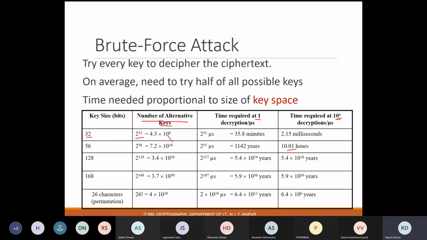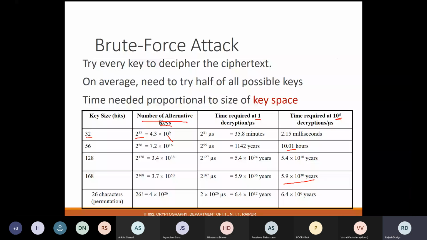With the increasing key size, the number of alternative keys is also increasing. And even though we have a decryption speed like this, it is going to take this many years, which is quite huge.